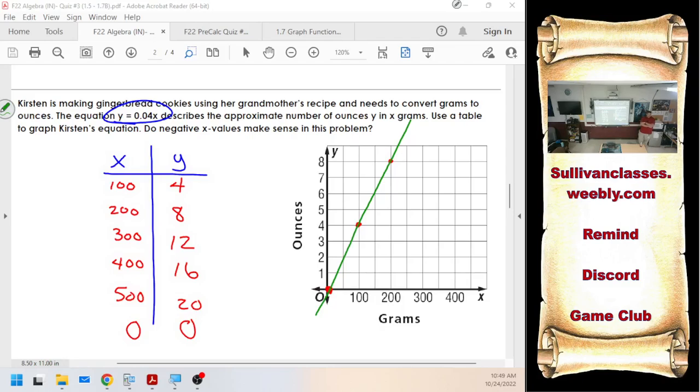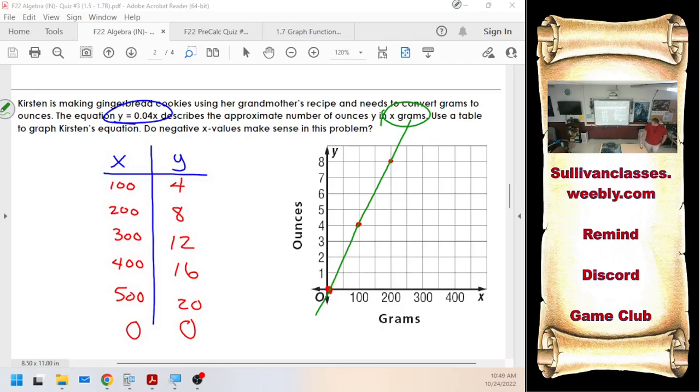We're finding all the ones except the one I want. Okay, grams. You keep hunting around until you find what is x? Oh, it's grams. Does it make sense for me to bake something with negative 200 grams of sugar?